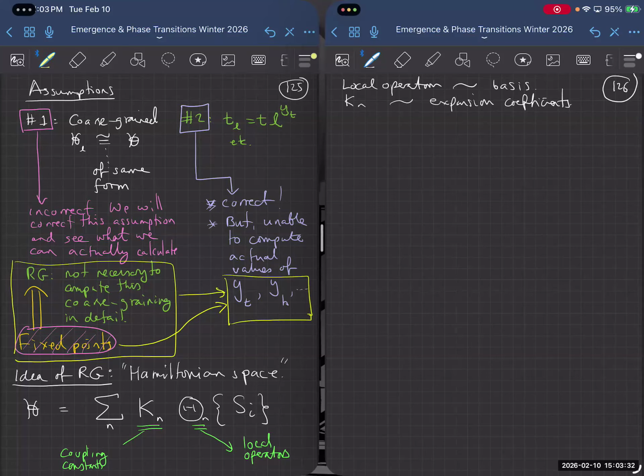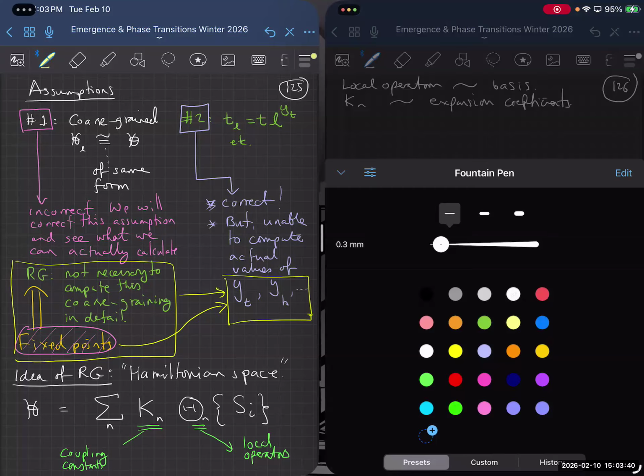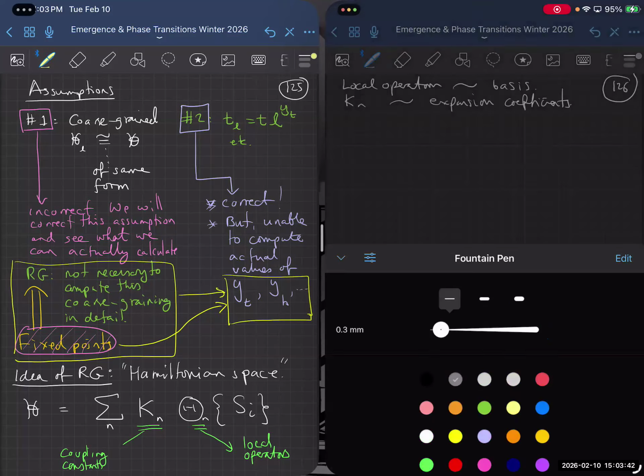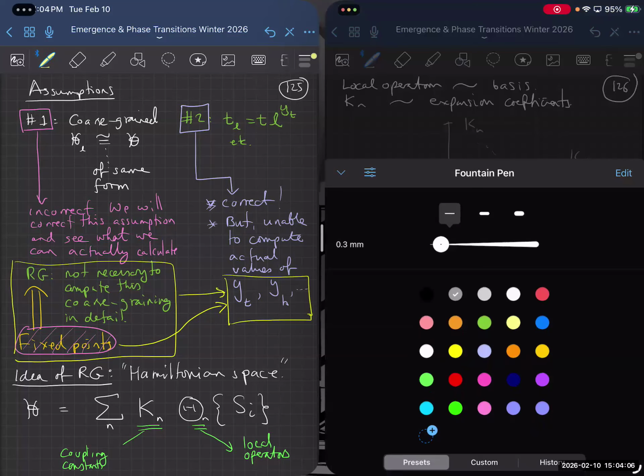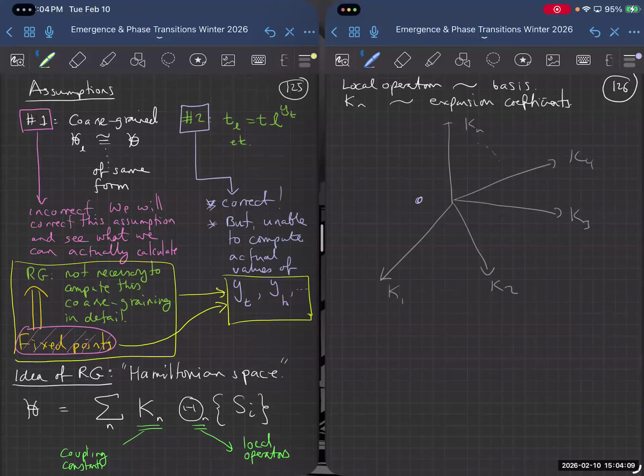And so what we then say is, well, I can make a space that looks like this. I can't really draw a high dimensional space, so you're going to have to realize that this is a projection of a high dimensional space in some way. So this might be the direction K1, the direction K2, direction K3, K4, and so on up to Kn. So that is a space, and every point in this space gives you a value of the coupling constants.